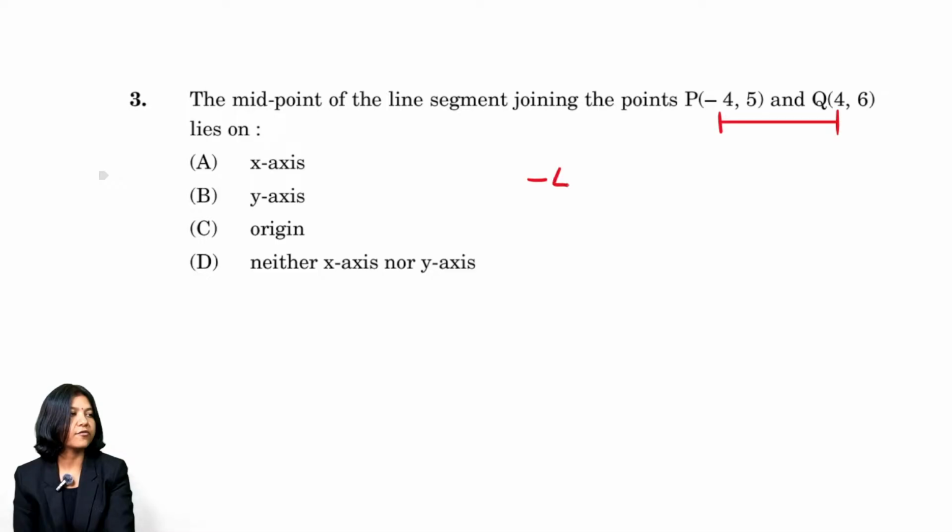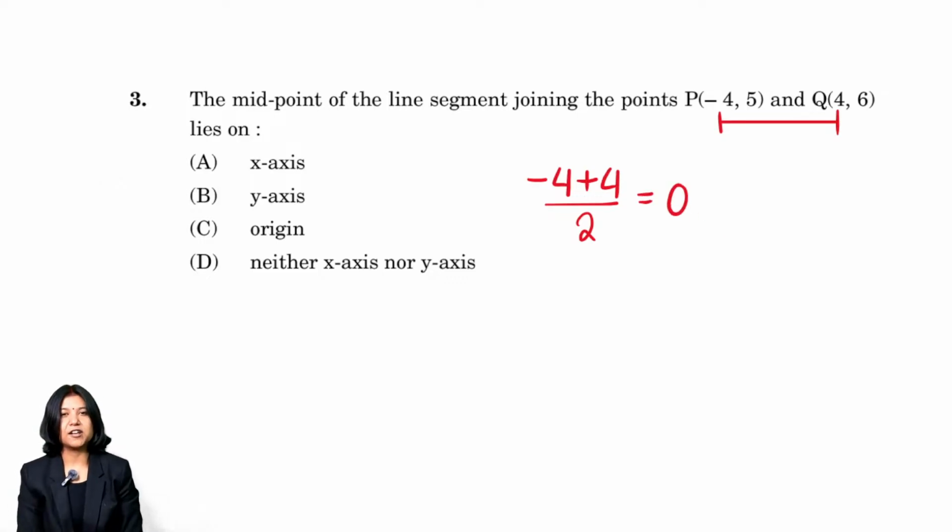So minus 4 added to plus 4 clearly gives me 0. Divided by 2 is also 0. That becomes my x coordinate of the midpoint. Remember, you should always take the numbers respectively, as in the x coordinate has to be added to the x coordinate. Likewise, you will do the same thing for the y coordinates.